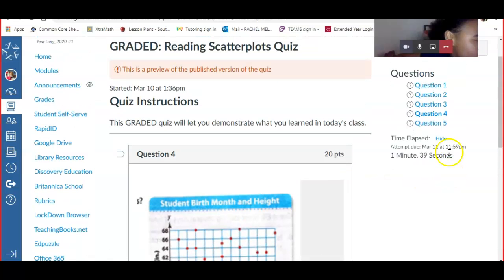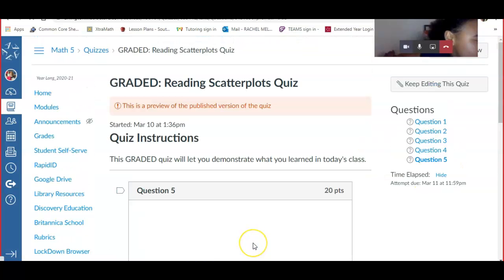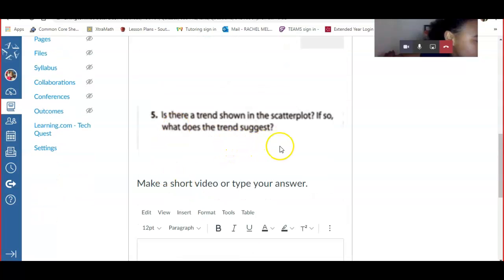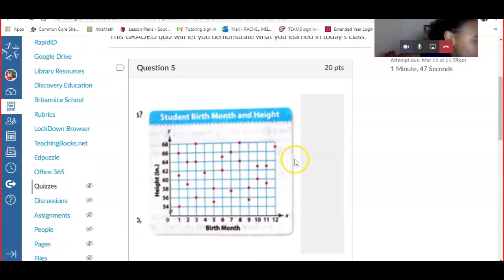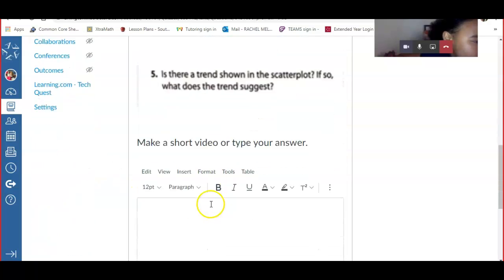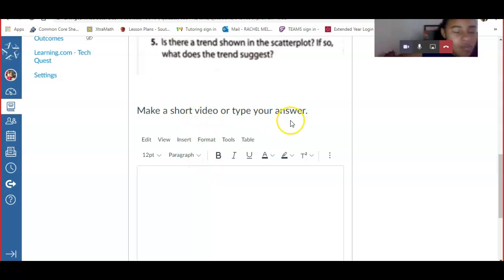And then on number 5, you're looking and telling me if there's a trend. So when you look at that scatter plot, is it increasing? Is it decreasing? Or is there not a trend? And that one again is either a short video or you're typing your answer.